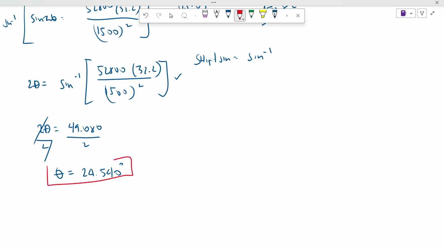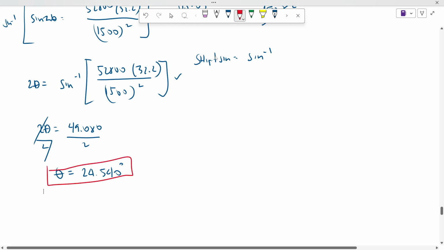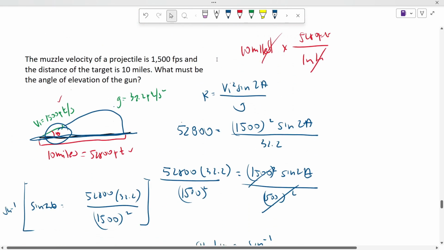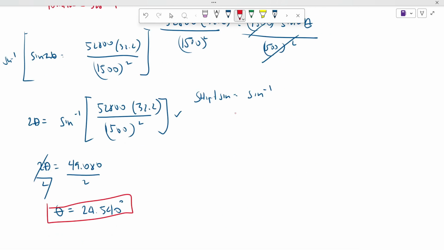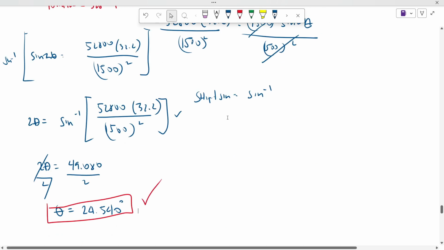So this will be the value of the angle of elevation of the muzzle velocity, guys. So got it, this is what we got. What must be the angle of elevation of the gun is equal to 24.540 degrees. Got it?